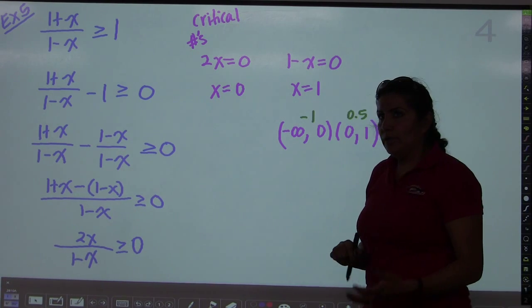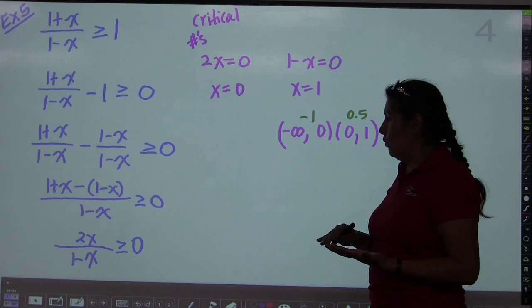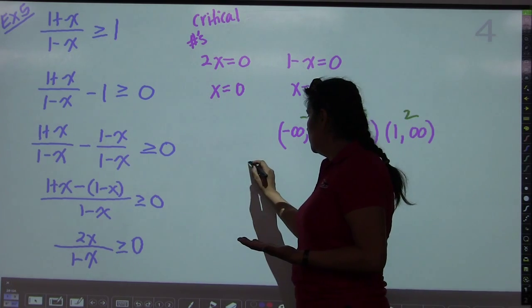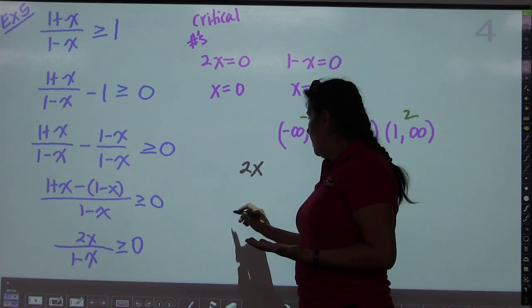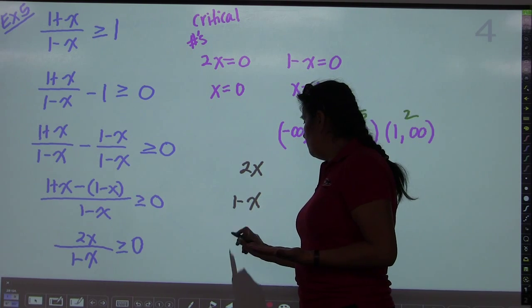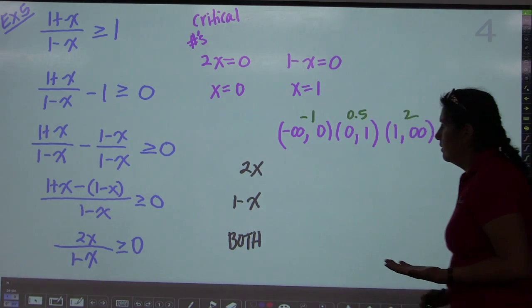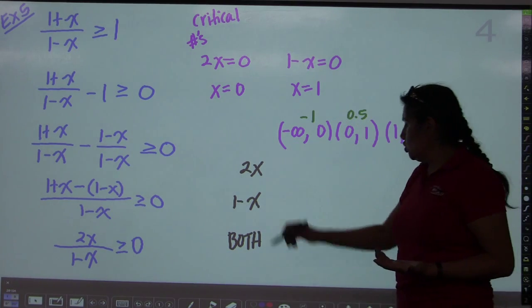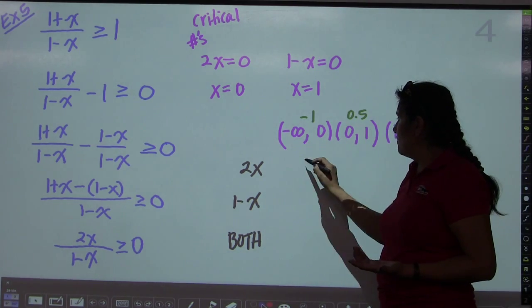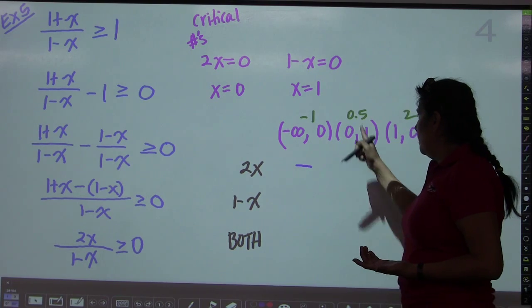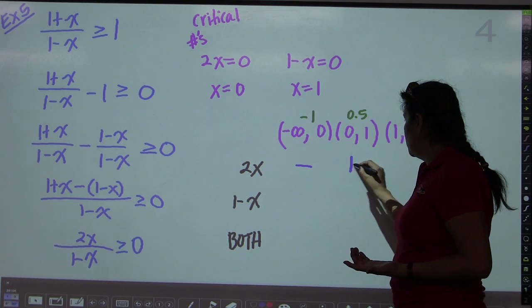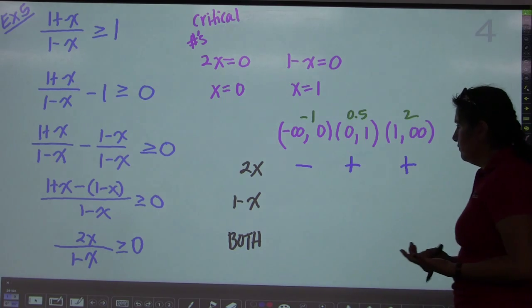And then we're going to put both pieces of our rational expression, the 2x, which is the top, and the 1 minus x, the bottom, and then both combined. So 2 times negative 1 will give us a negative 2. A positive times a positive will be a positive. So those two will be positive.